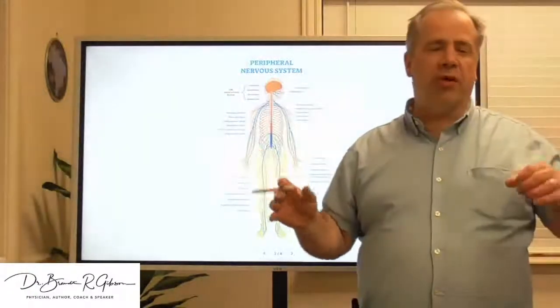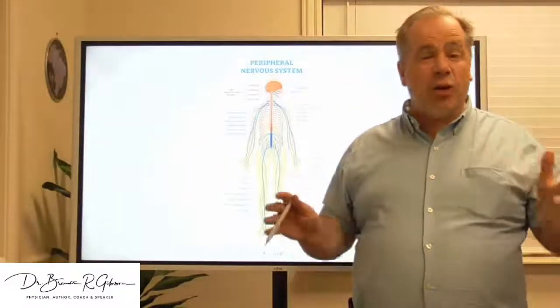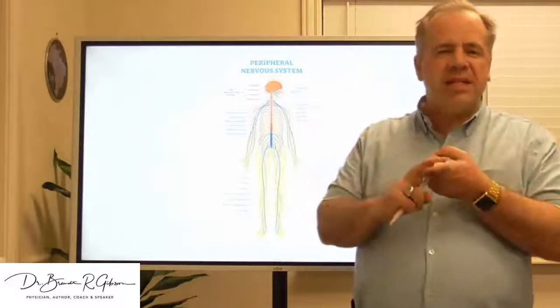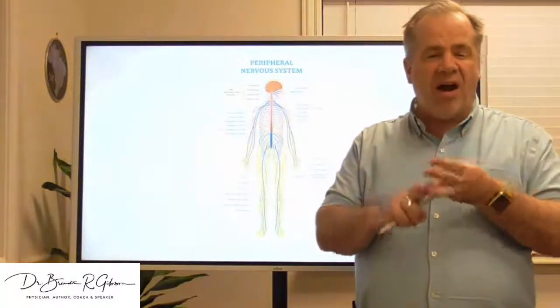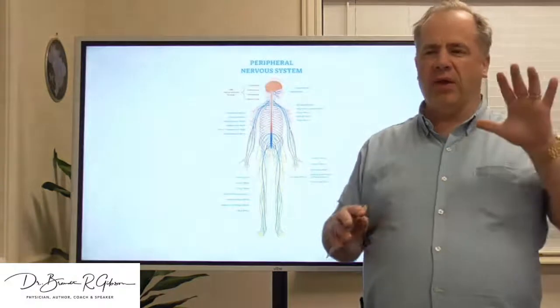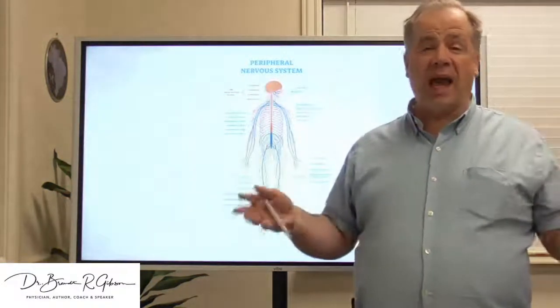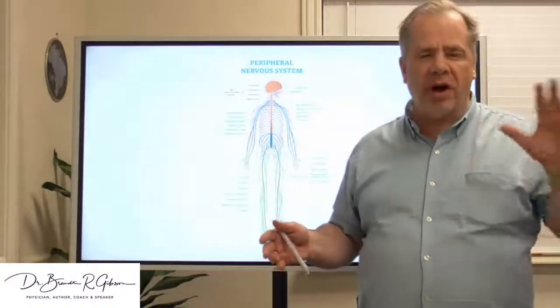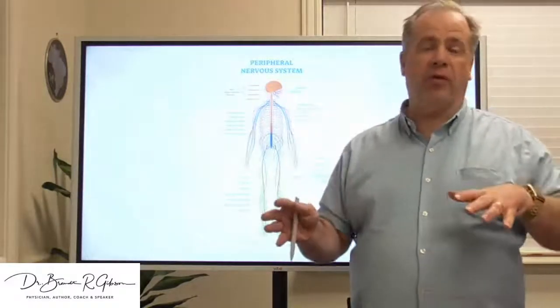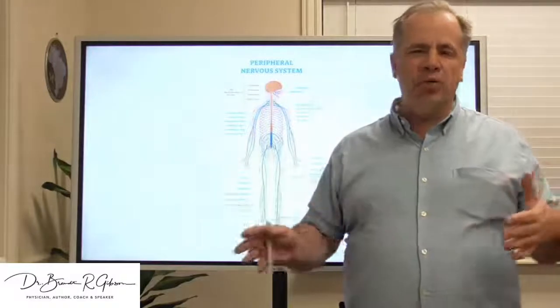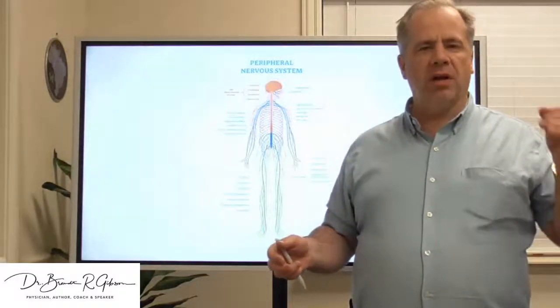So all the other nerves, any other nerves, and that includes the sensory nerves, the motor nerves, and the autonomic nerves. So the nerves that cause sensation, the nerves that actually make the muscles move, as well as the nerves that control all the automatic function of the body, are all part of the peripheral nervous system. So any number of those can malfunction and start to fail.